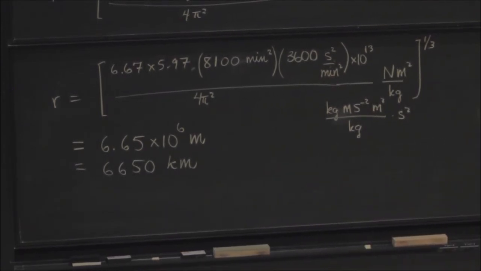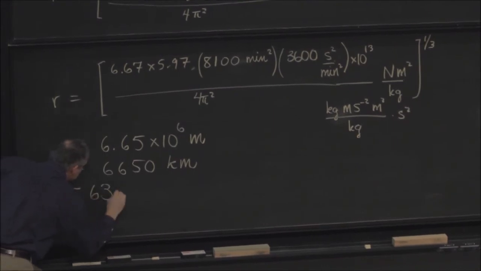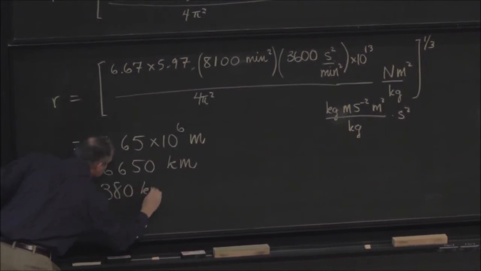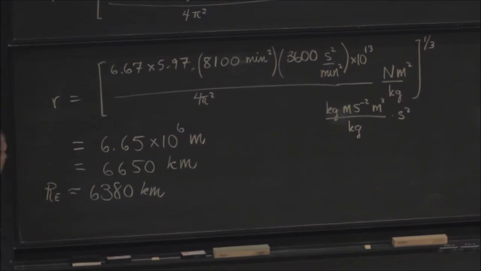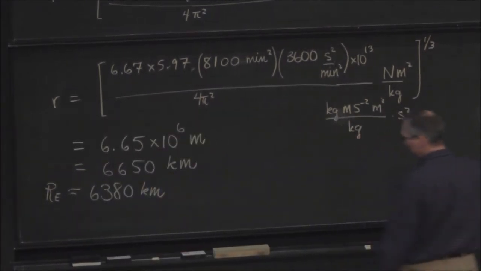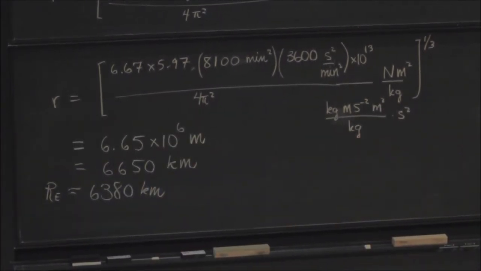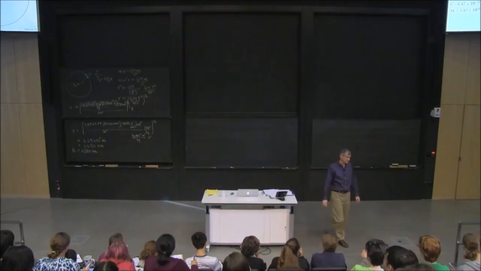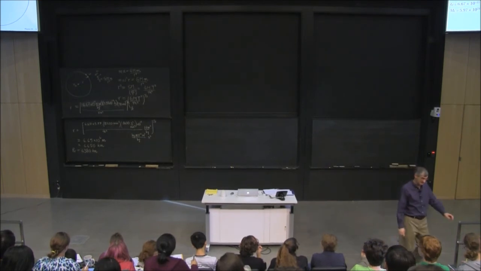So how high up is that? Remember, what's the radius of the Earth? Radius of the Earth is about 6,380 kilometers. So how high up are these satellites? Oh, not very high, right? That's about 270 kilometers. How far is that?